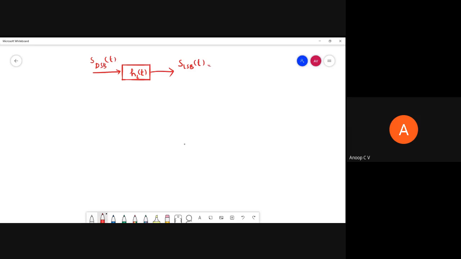Today we are going to find an expression for the time domain expression of SLSB of t. Before that, what is SDSB of t? What was the time domain expression for DSBSC? How were DSBSC signals obtained?